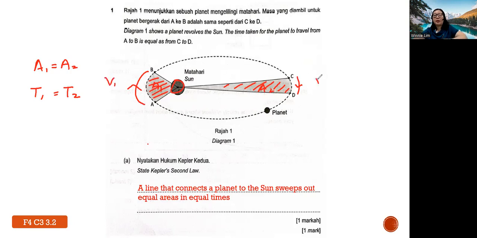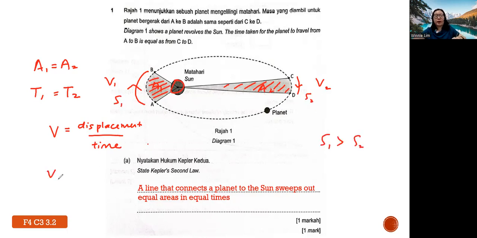We now get the idea of speed. As you all know, speed is distance over time, or velocity is displacement over time. What is the total distance traveled from A to B? If you look, S1 is longer compared to S2.